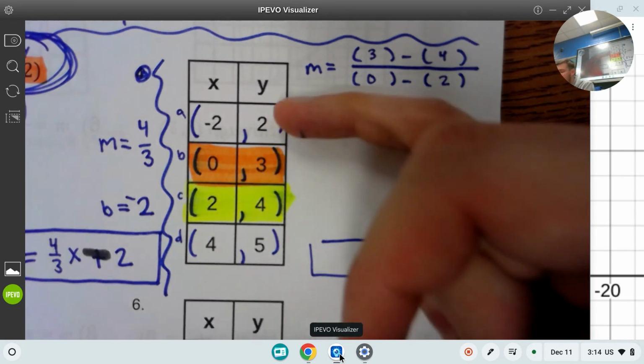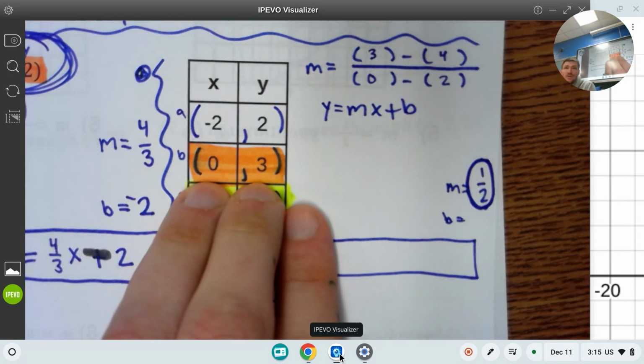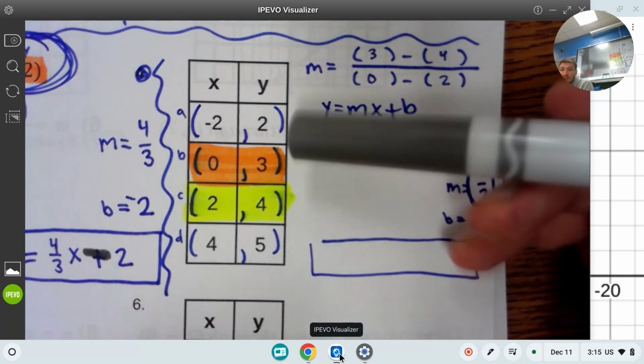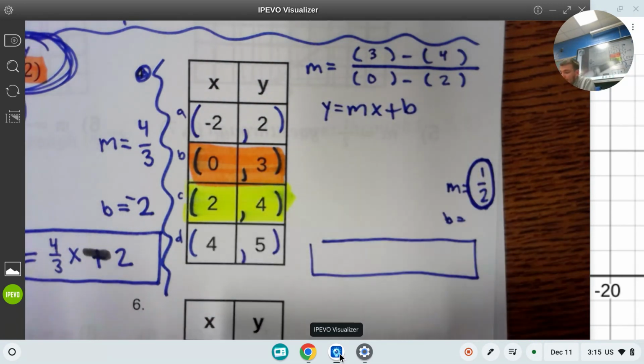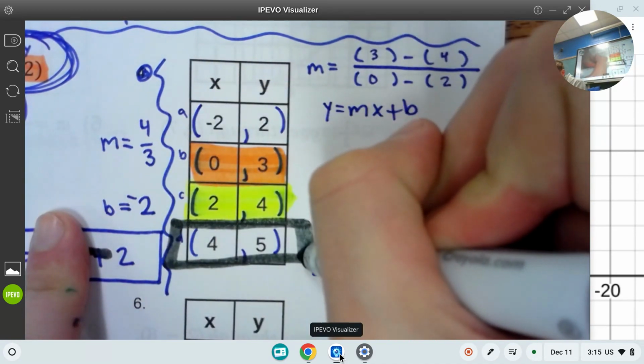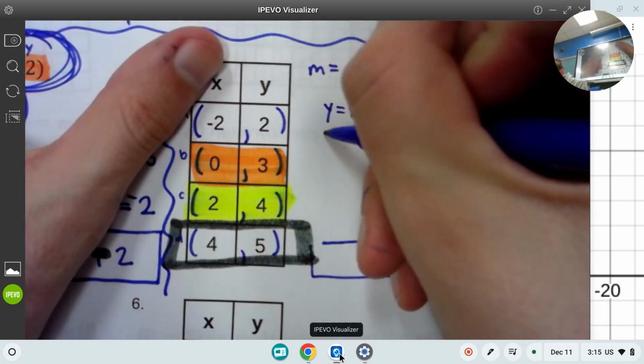You've got 4 options. You can choose any of the 4. You can choose the orange or the yellow, or you can use one of the ones we didn't choose yet, right? You could go with D. Let's just do that. I'm going to go with D for this question. Really doesn't matter, right? Pick any one you want.